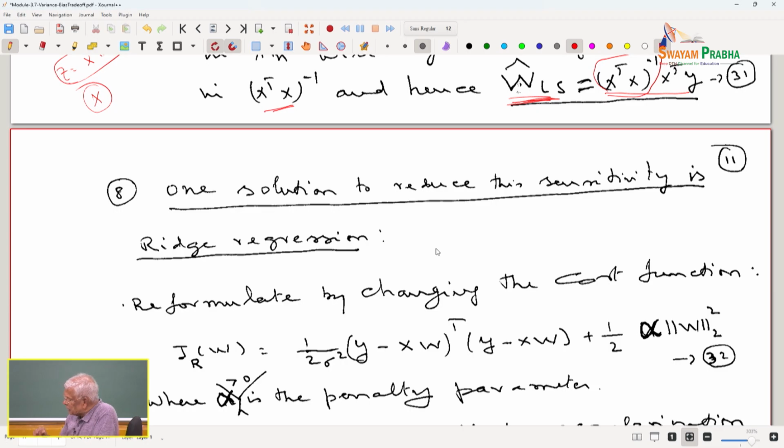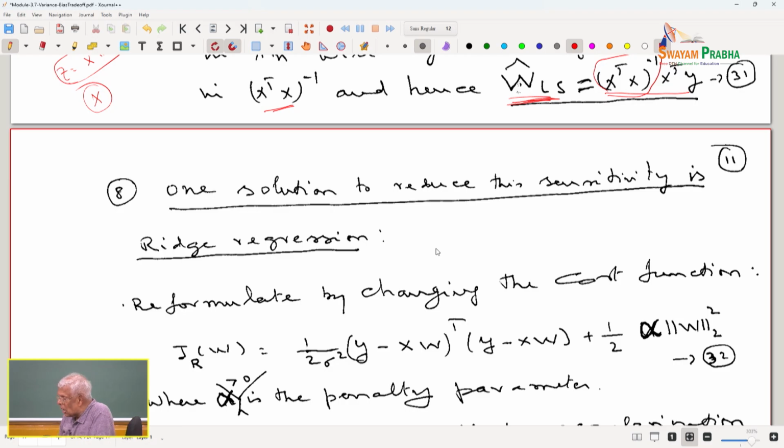I am assuming a special case where the columns of X may be nearly collinear. The impact of near collinearity is expressed as sensitivity of the parameter estimates, W hat LS is equal to X transpose X inverse X transpose y.